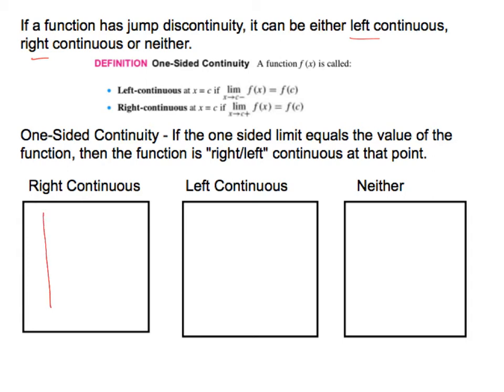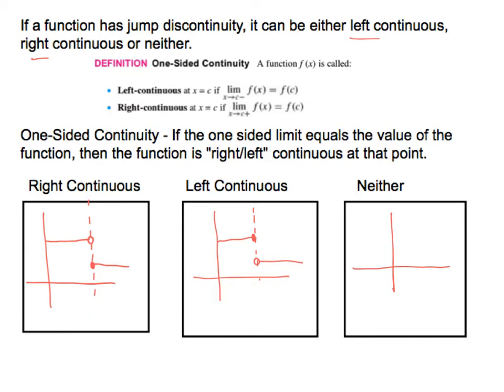Graphically speaking, this is right continuous. This is left continuous. And this is neither. We have open circles. You may or may not have f of c defined someplace else. That wouldn't matter.